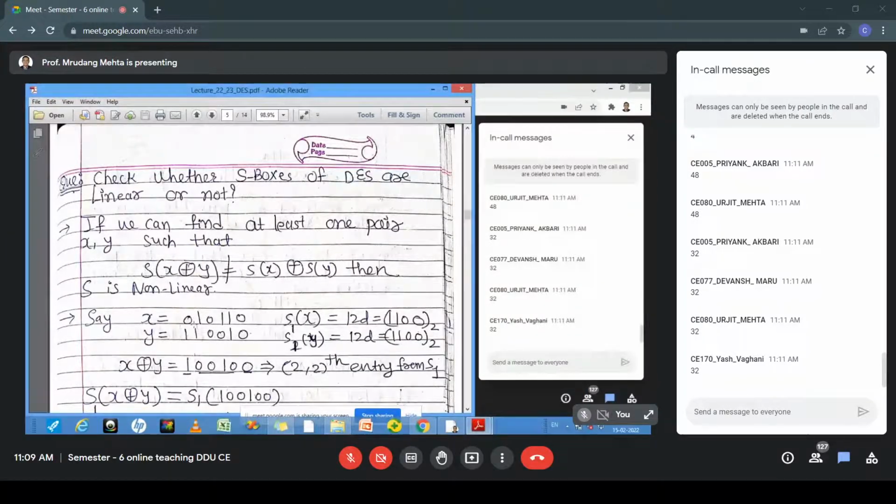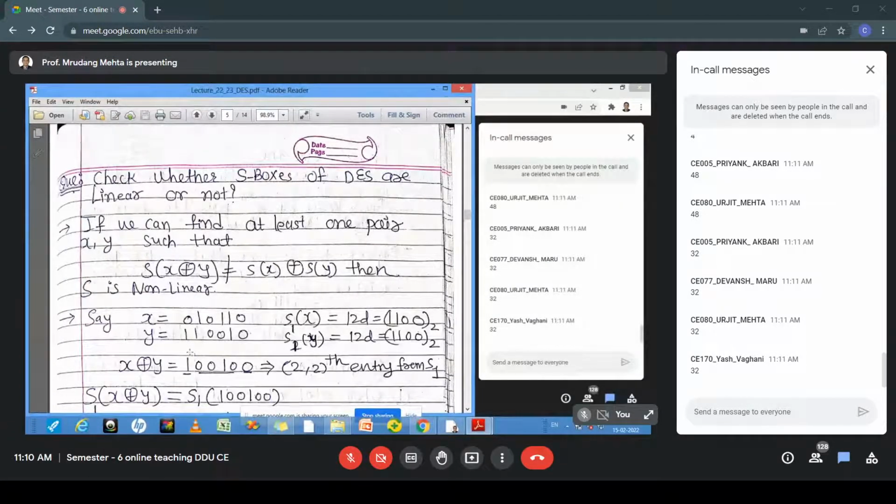The X value is 0, 1, 0, 1, 1, 0, and the Y value is 1, 1, 0, 0, 1, 0. So what is the value of S1(X)? X is the input, 6 bits. So what is the output? How can we find S1(X)?